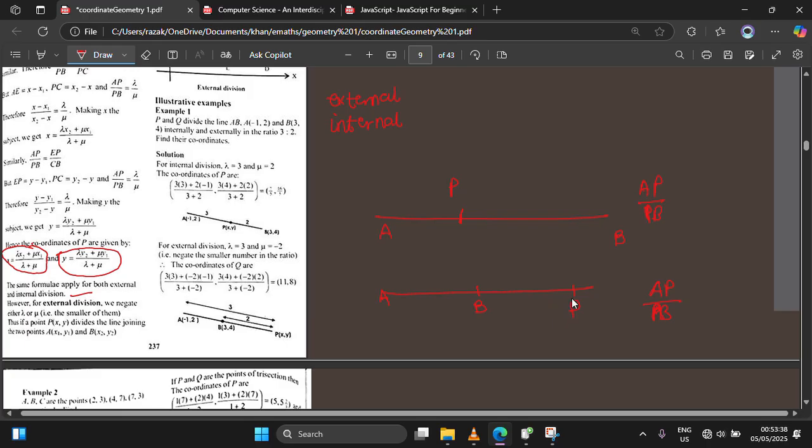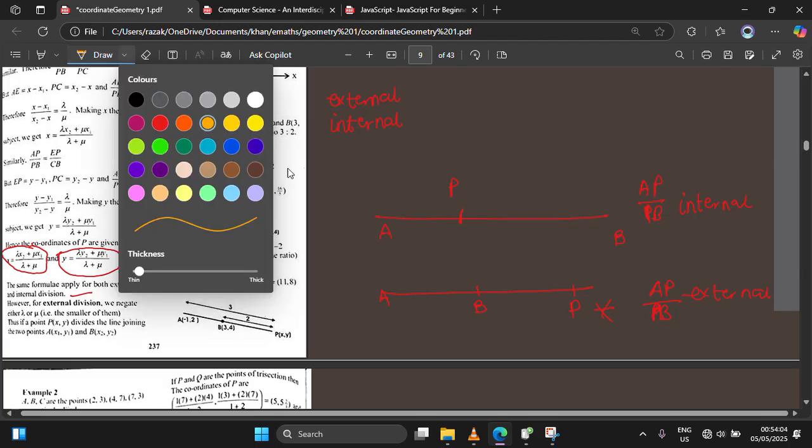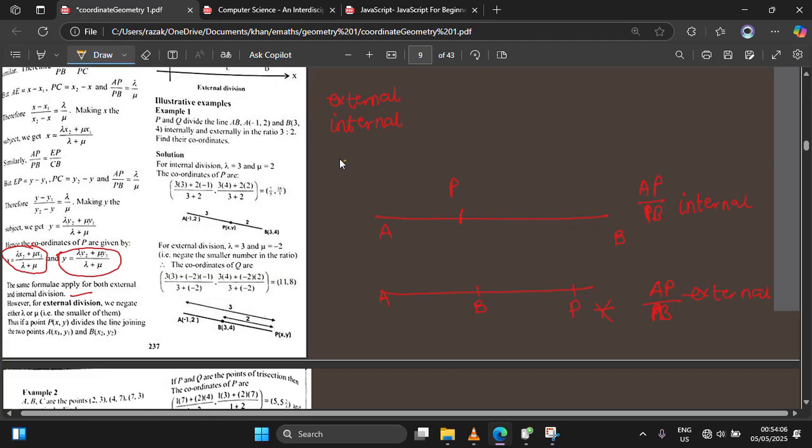Just that in this case, P lies outside of AB, but we can still find the ratio of their magnitudes. So this is external, because the point lies outside, and this is internal because the point lies inside, right? So that is it.